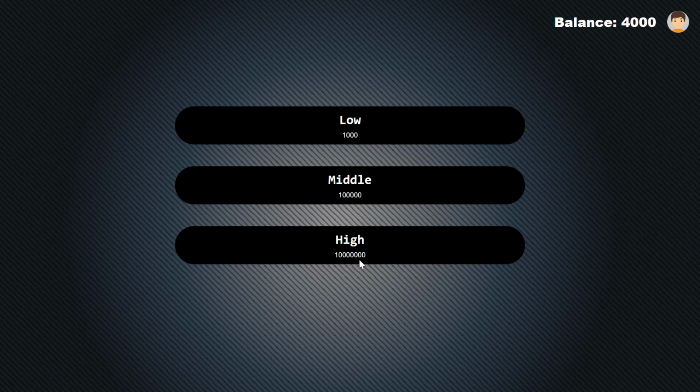As I said before, a benefit of this Texas Hold'em is you get access to tokens. As you see here, the lowest has the lowest tokens, the highest has the highest tokens, and the middle one is moderate. The lowest is about 1,000, the middle is about 100,000, and the last one is about 10 million.